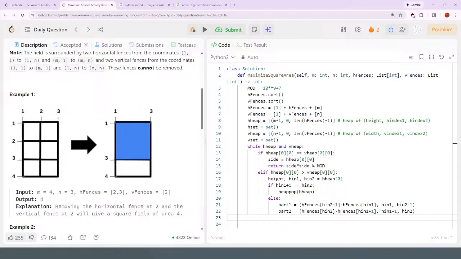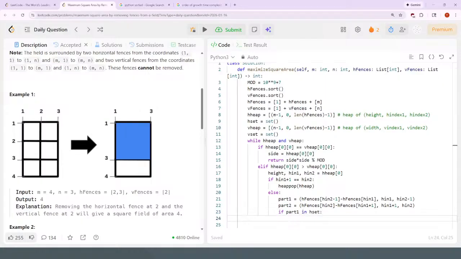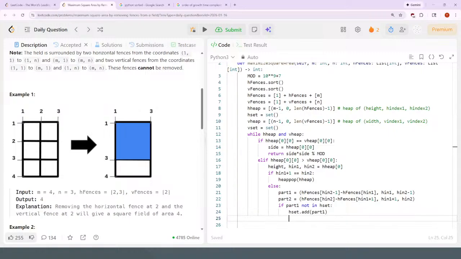And then I need to check if either of these things has already occurred, if part 1 is in the H set. I guess if it's not in, then H set dot add part 1, and then I guess I need to do heap push multiple times, don't I? Yeah, never mind then.